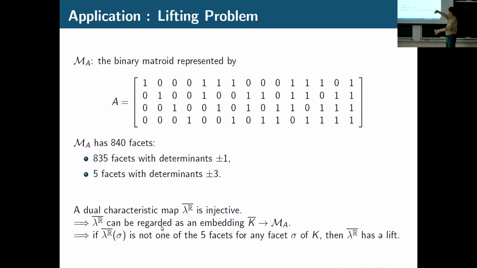But still the determinant is plus minus 1. So in these cases, we can say that lambda alpha has a lift, right?